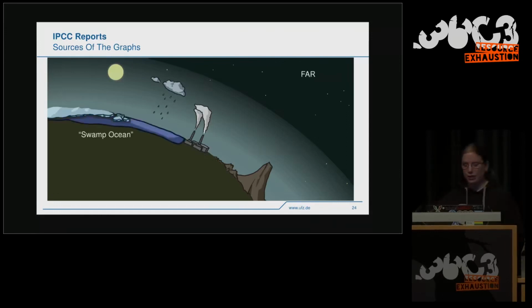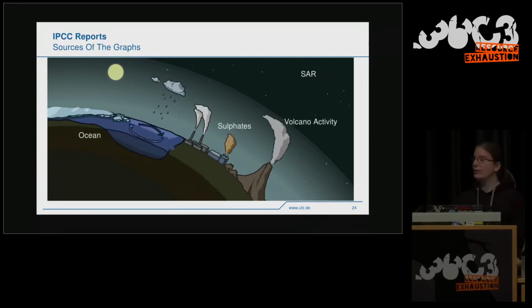And for the first assessment report, there was a swamp ocean added, meaning an ocean was added, but it had no depth. For the second assessment report, the ocean got some depth, so it was a normal ocean with surface circulation, and there was added volcano activity and sulfates.